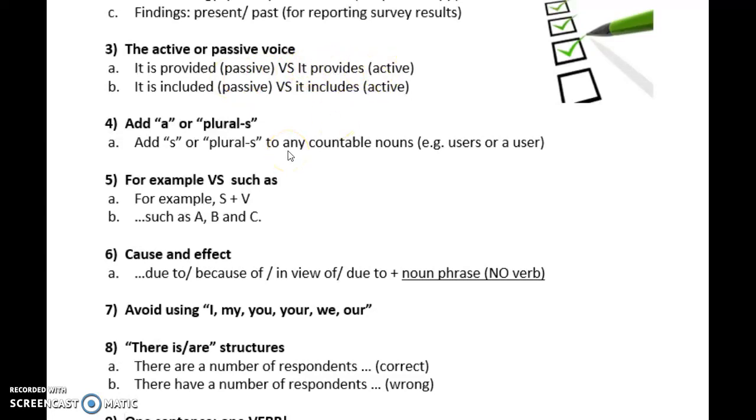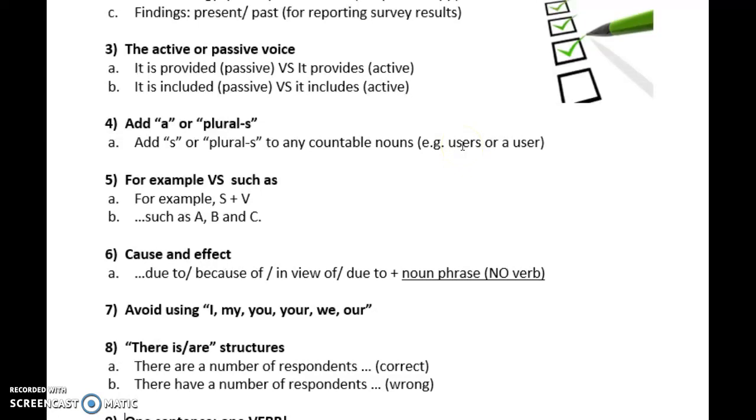Number 4, remember to put a or an, the article, before any countable nouns. For example, user. It is a countable noun, user. So you can put a before this countable noun, or use the plural, like users.